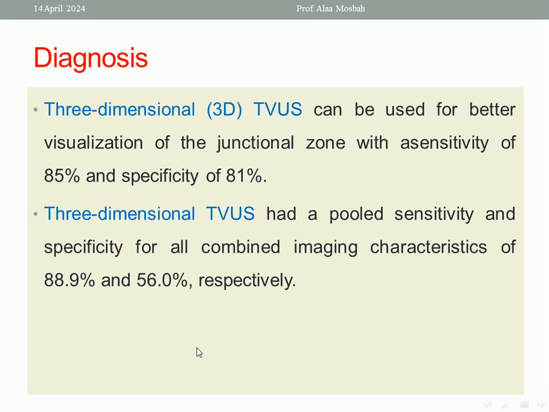So sensitivity is high here, 88.9%, while the specificity is average, 56%. So three-dimensional transvaginal ultrasound has high sensitivity in diagnosing adenomyosis.